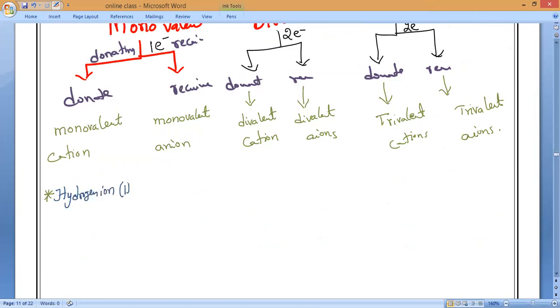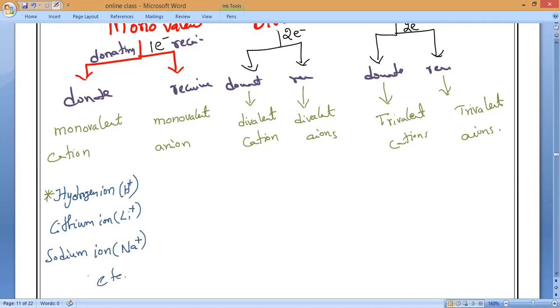Hydrogen ion, H plus. Next, lithium ion, Li plus. Sodium ion, Na plus, like this.